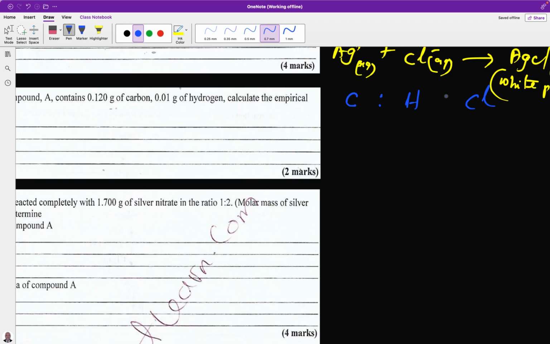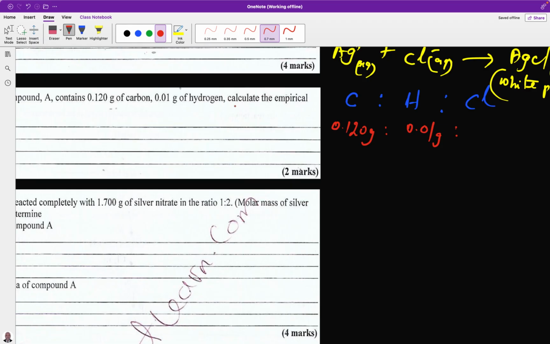Their masses are: carbon is 0.12 gram, hydrogen is 0.01 gram. And chlorine, we were not given chlorine.